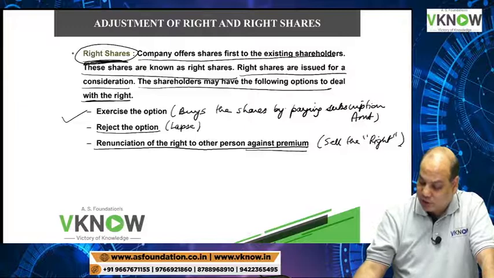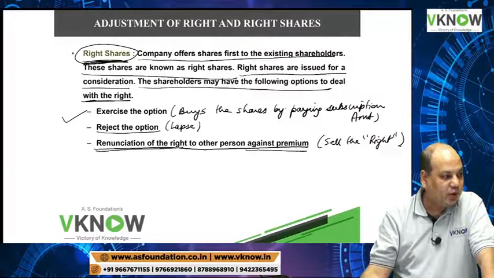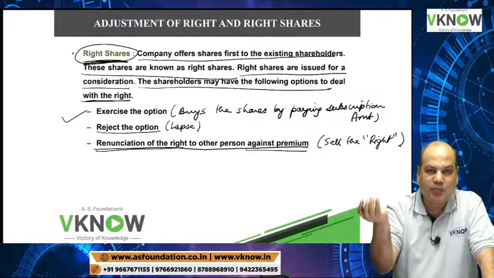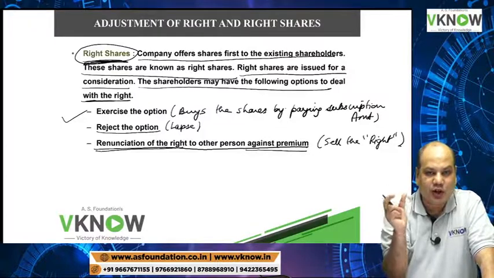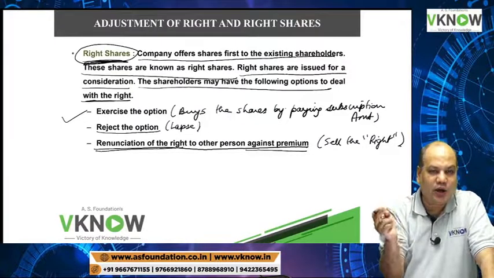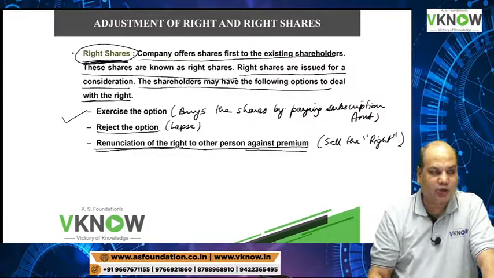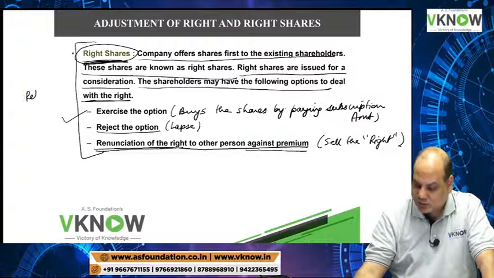The reason why rights are sold is that right shares are issued below the market price. Therefore, the investor who holds this right can buy the share from the company at a lower price. So this right itself acquires a value and it is sold in the market to another party who is interested in buying the shares of the company. For more details about rights and right share, kindly refer to the chapter on right issue.